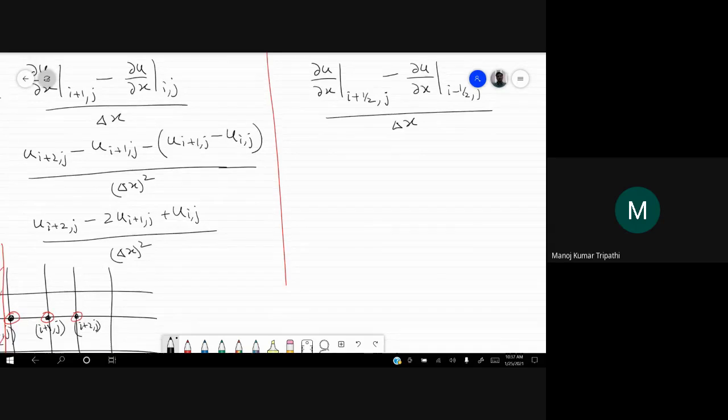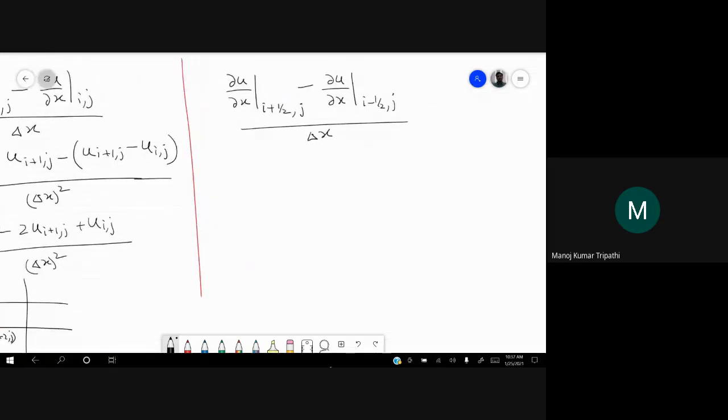So here we are saying that if these are the points, let's say this is I comma j, this is I plus half, and this is I minus half, and the distance between them is still delta x. If the grid is uniform, if the distances between all the grids are same, then we can write this.